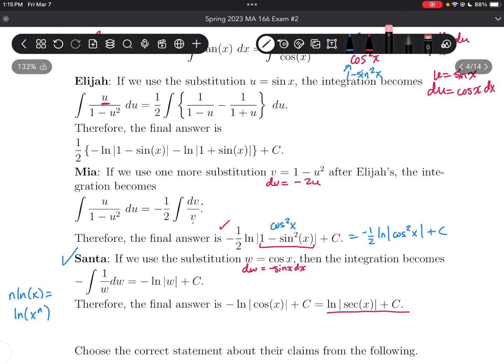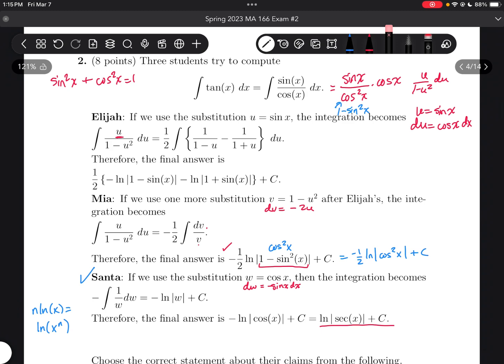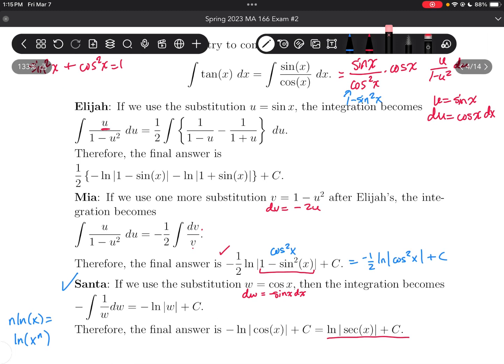Okay, anyway, by this property of natural logs, we can say that Mia's expression is equal to the natural log of cosine squared x to the power of negative 1/2. And cosine squared x to the power of negative 1/2 is equal to cosine x to the power of negative 1.